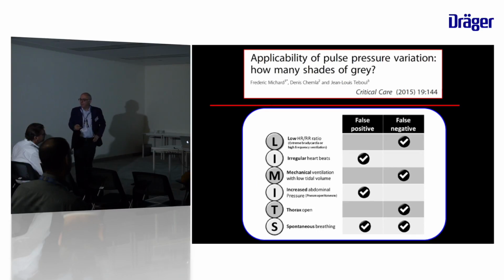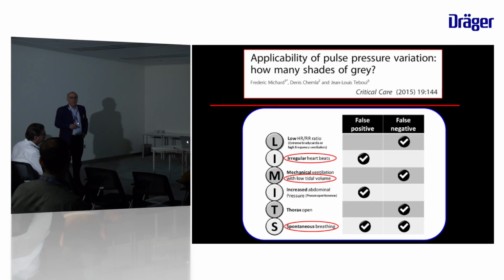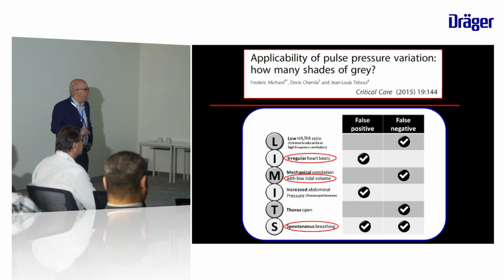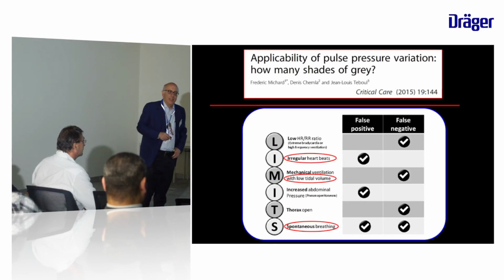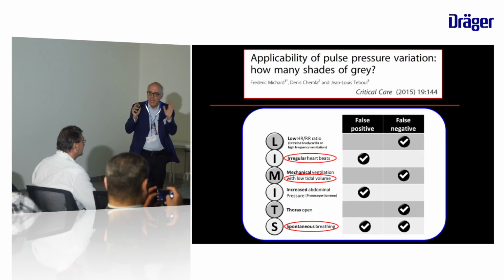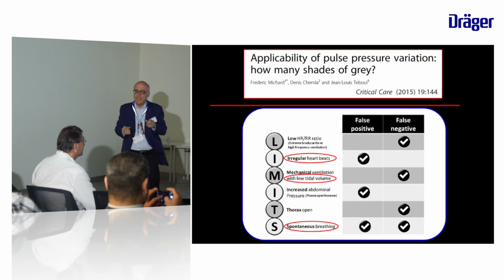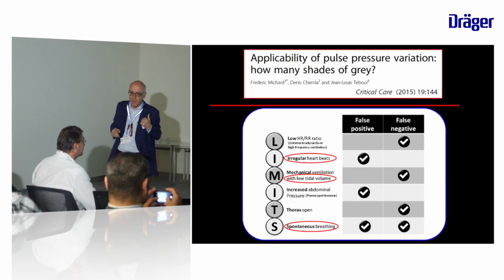But there is a big but. It looks very good, everything fine, a 12% threshold for everything, but there are many conditions in which you cannot apply that. For example, if you have large irregular heartbeats, and it is not clear what we mean. If you look at the papers, in many papers they excluded the arrhythmic patients.